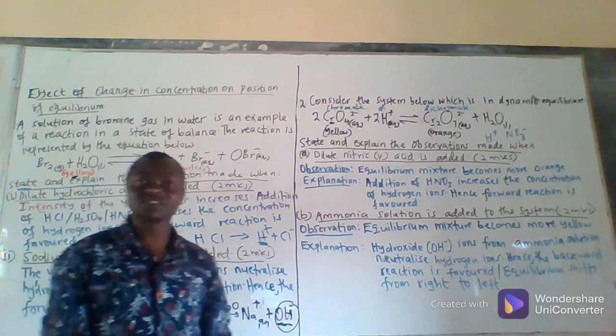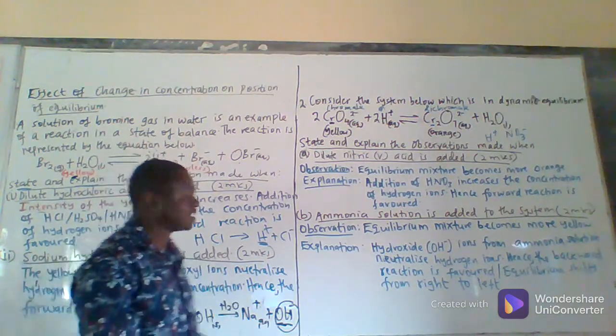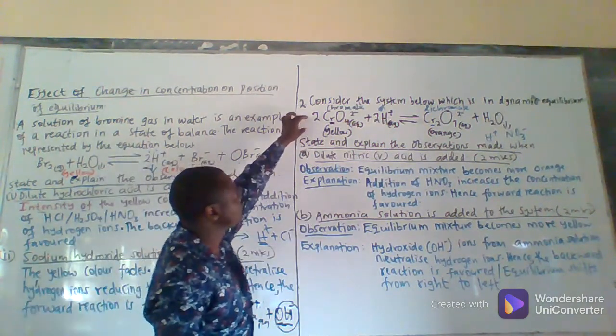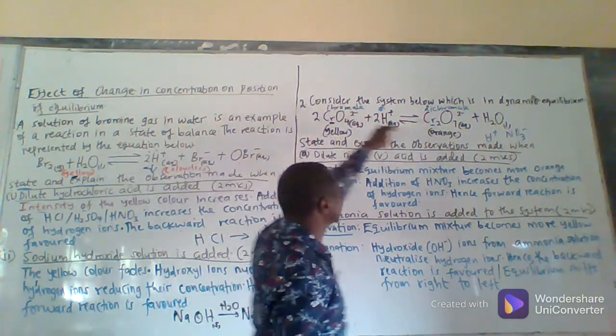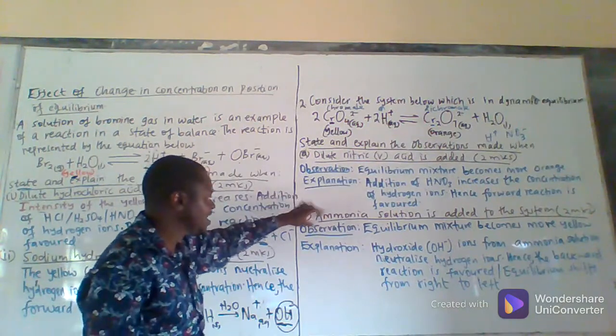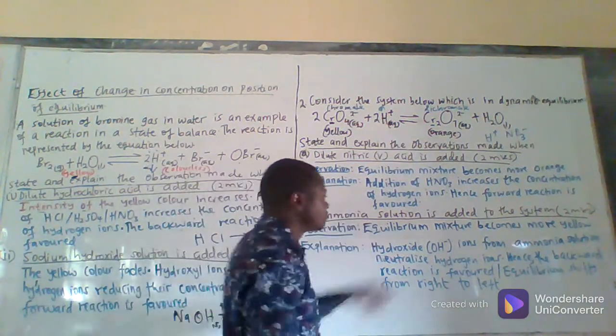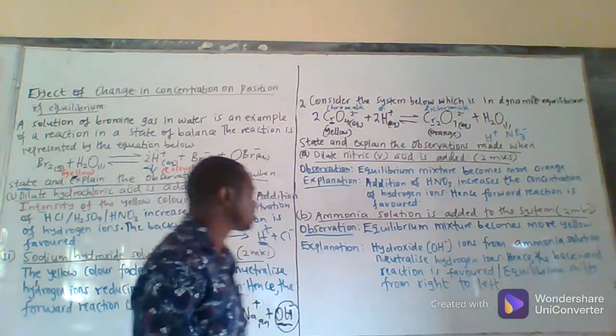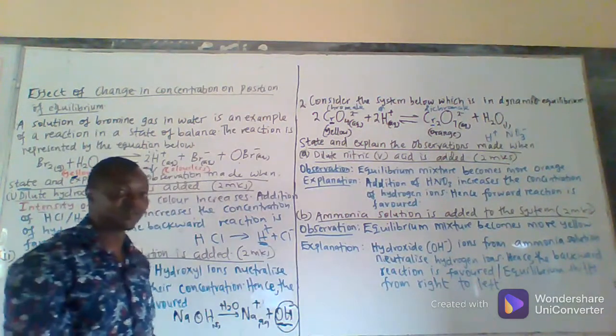Now, students, suppose to the same system involving the chromate and dichromate, you add, this time round not an acid, but ammonia solution to the system. What is going to happen? We want you to state and explain the observation.